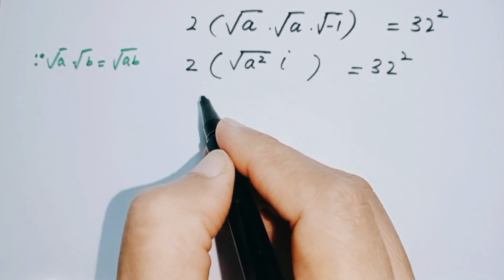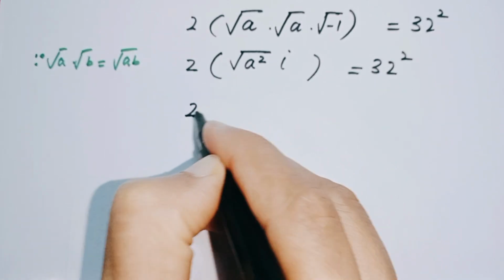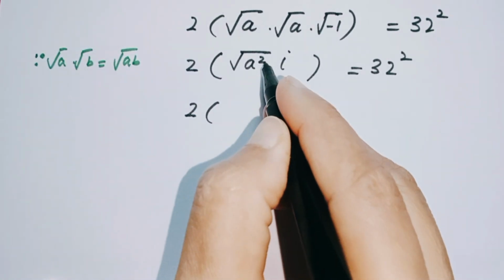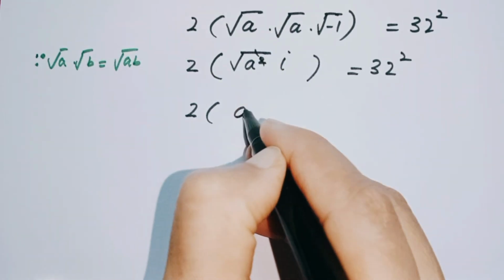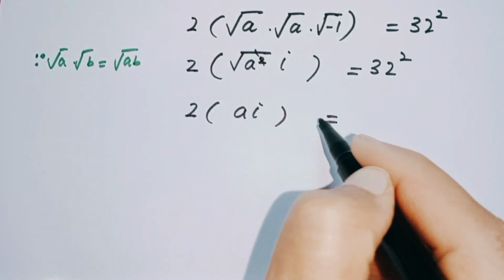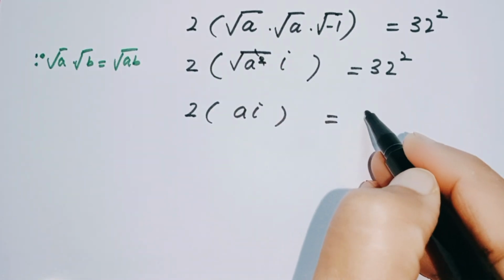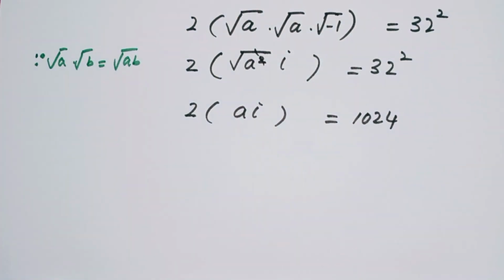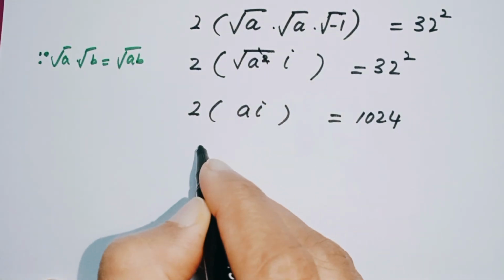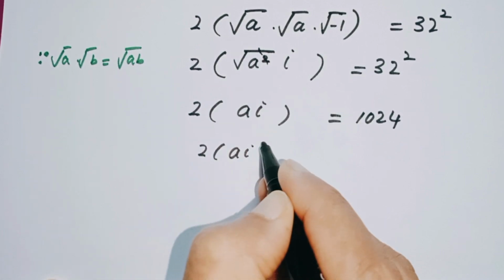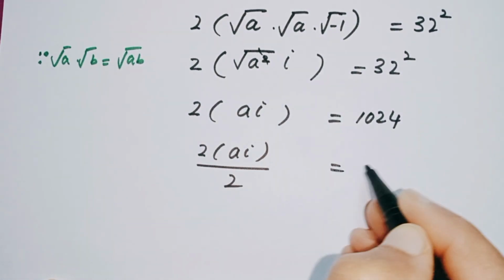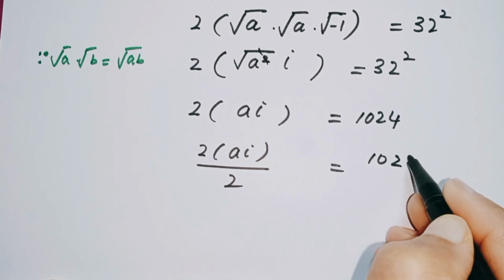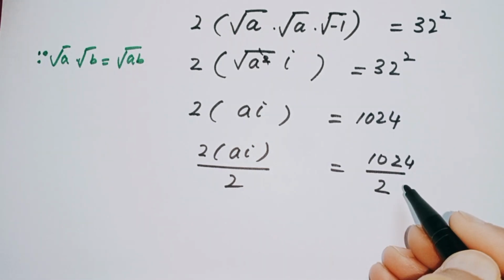So here we will write 2 times square root a, the square will cancel out with the square root. We will be left with a times i is equal to 32 square, which will give us 1024. So we will divide by 2 on both sides. 2 times ai over 2 is equal to 1024 over 2.